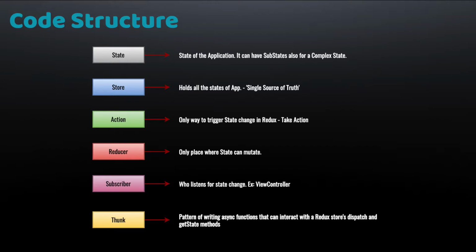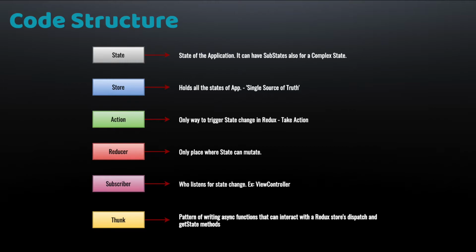In your application, the view and the view controller will be implemented as subscribers in the Redux architecture. They will continuously monitor the store for any state change, and whenever any state change occurs, according to that change, they will update the UI layer.